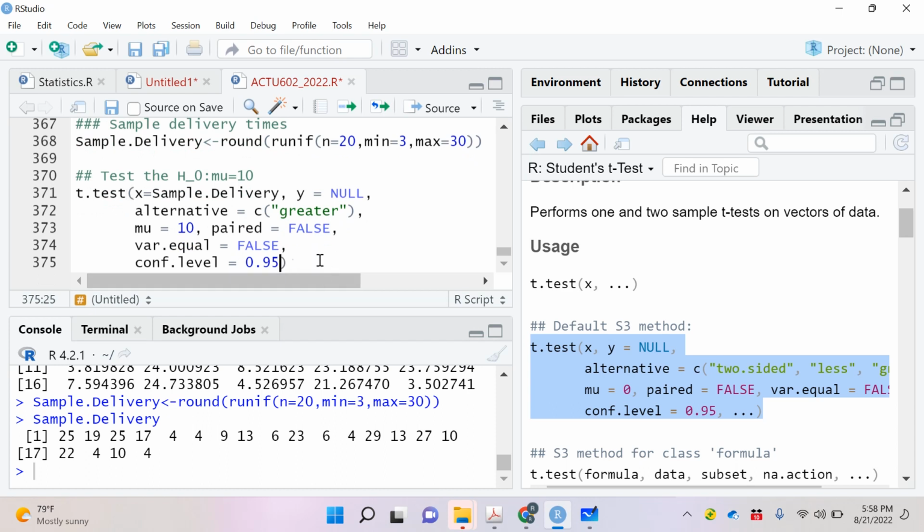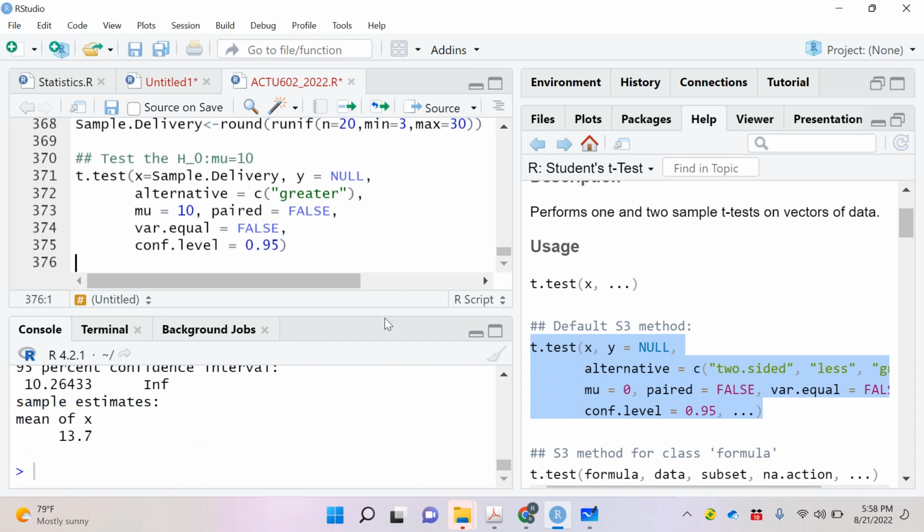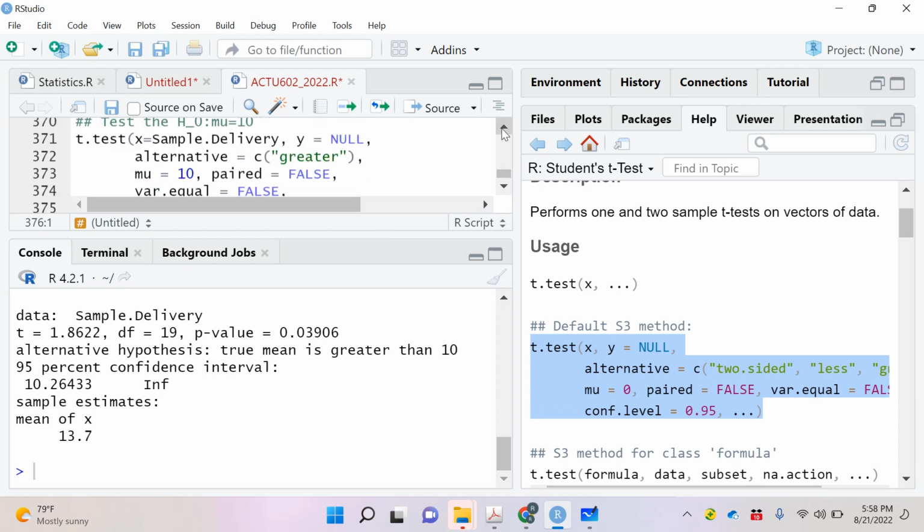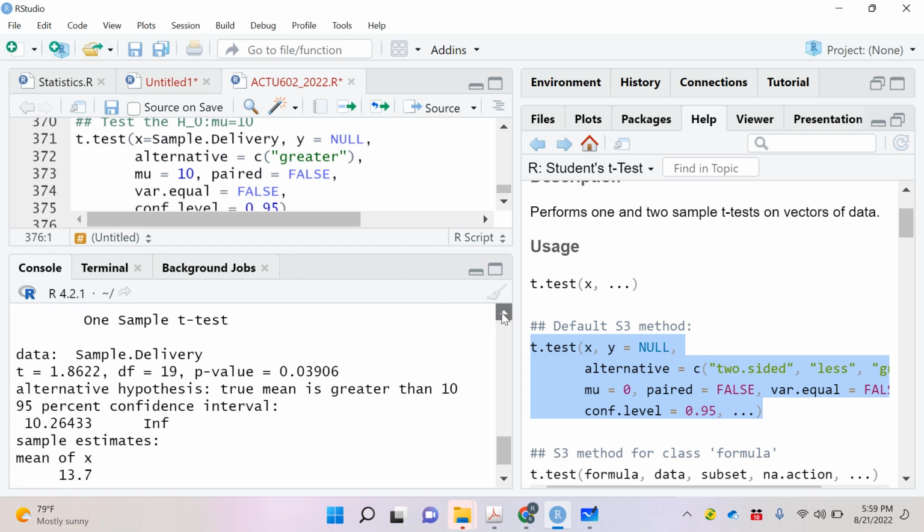Then the confidence level, maybe we leave it at 95. Is that okay? Right. So with this, we are good to go now. So I do this, and this is my result.